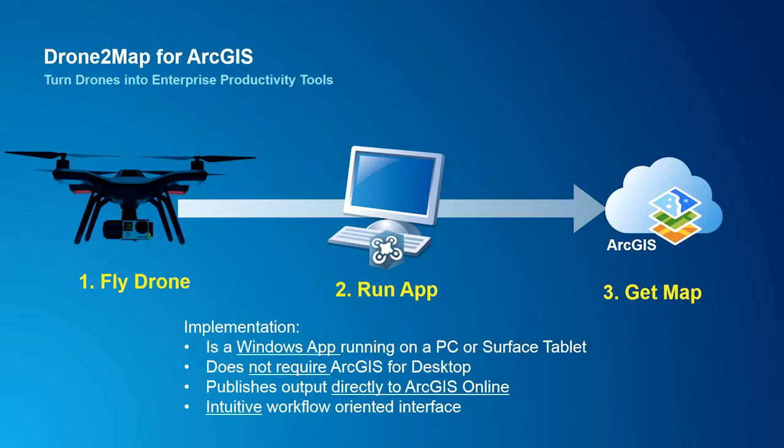Last month, as many of you know, at our International User Conference in San Diego, we released version 1.0 of a brand new app whose official name is Drone2Map for ArcGIS.